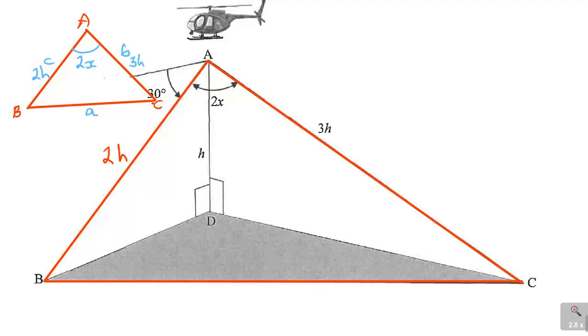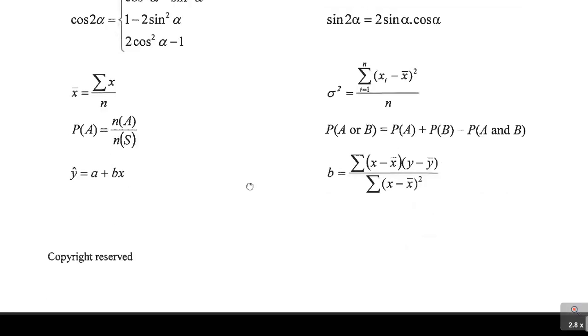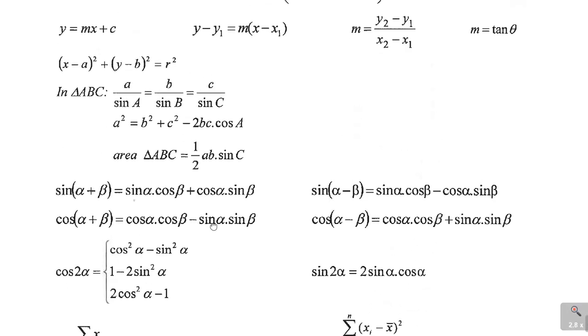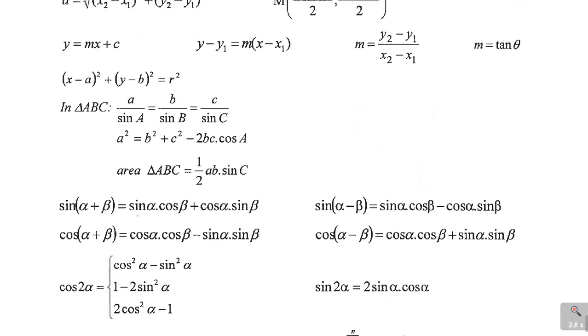So now I'm looking for A and I'm given the angle for A, then if I go to my formulas, I've got 2 formulas that usually work, which is the sine rule and the cosine rule.